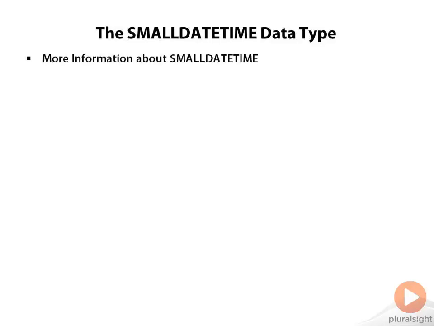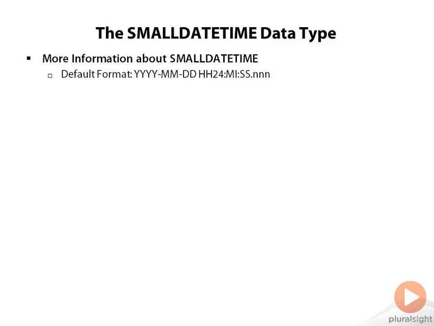Let's look at some more fascinating facts about the small datetime data type. One way to describe a small datetime as a text string is to use the format 4-digit year followed by a dash, 2-digit month followed by a dash, 2-digit day followed by a blank space, hours in the 24-hour clock, colon, minutes, colon, seconds, a period, and up to 3 fractional digits.